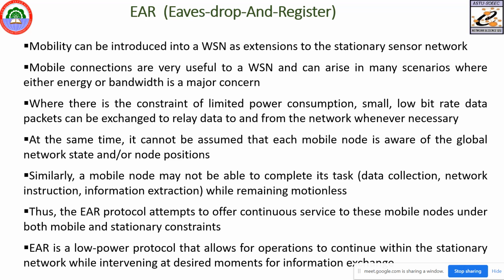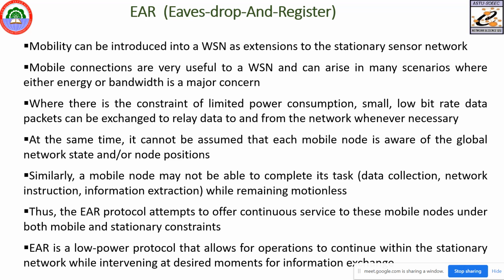As we said, for wireless sensor networks there is a future scope in making mobile sensor networks. When mobile sensor networks are deployed, these protocols are going to play a very important role. These protocols may be modified later, but they are going to have a very good impact in mobile sensor networks.